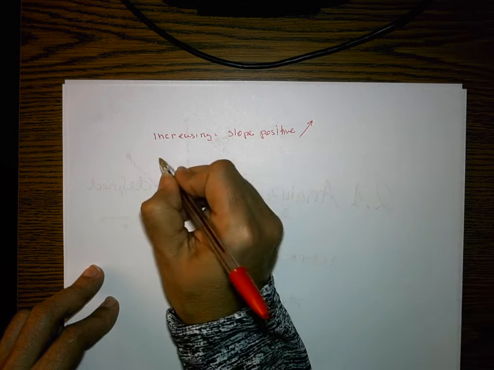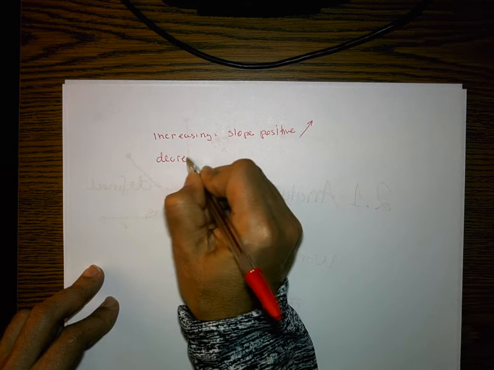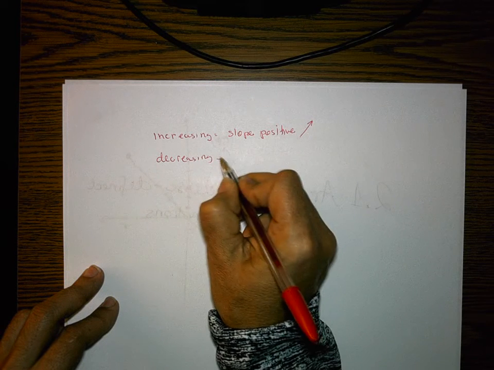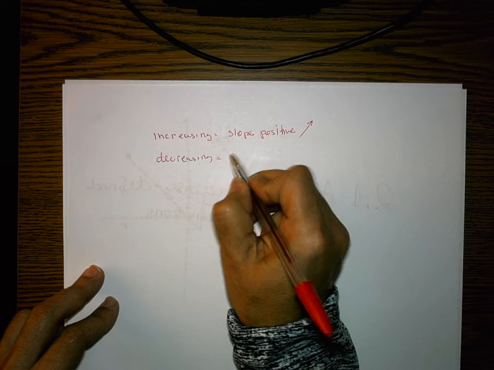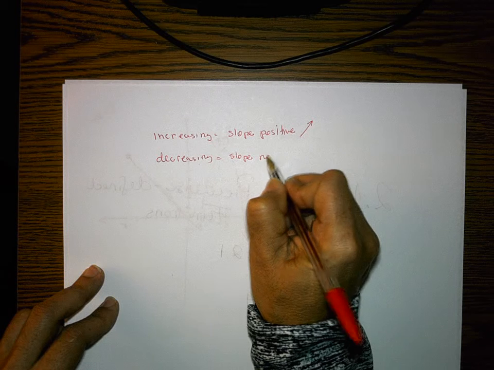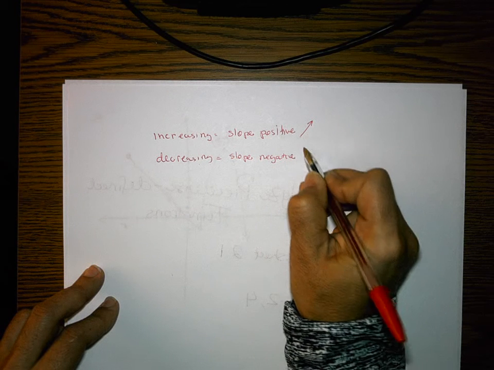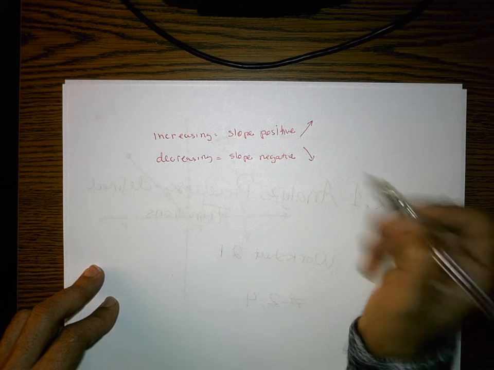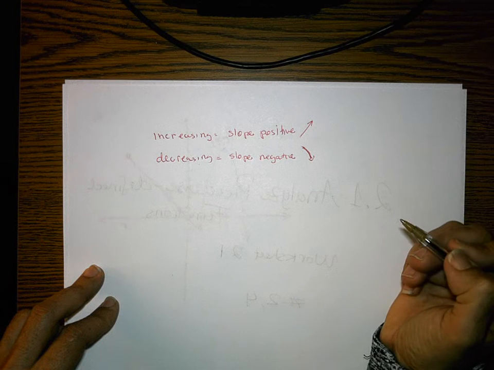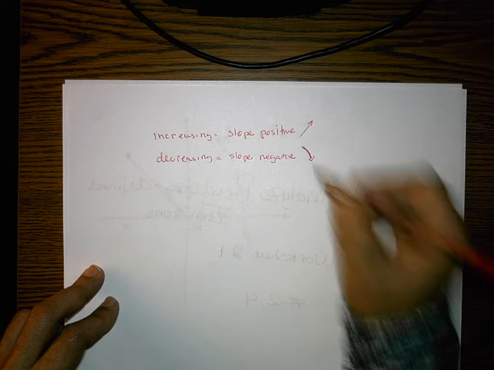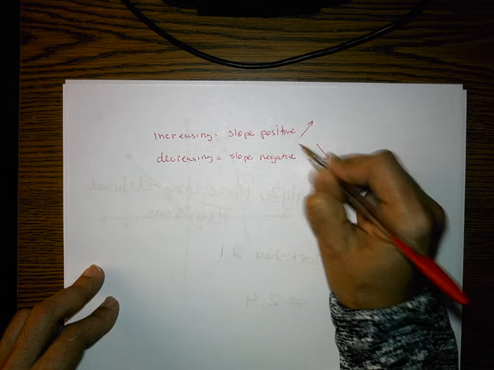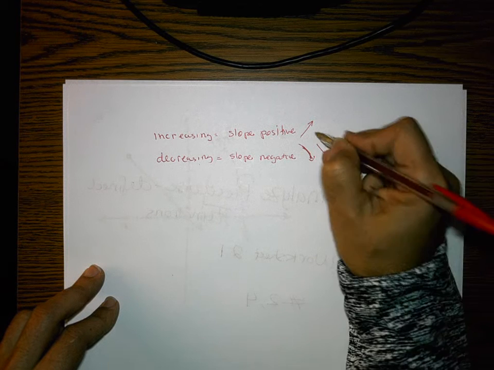And then we also need to remember decreasing. If a portion of the graph is decreasing, then the slope will be negative. We'll have something going down. The graph is going to look like it's going down, either linear or curvy, a decrease.